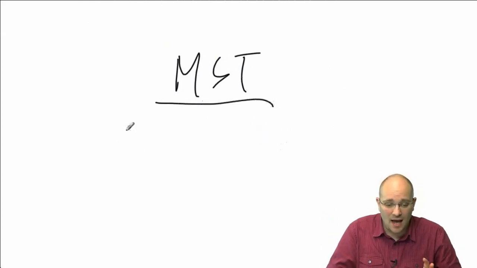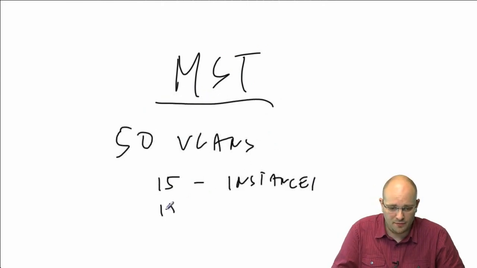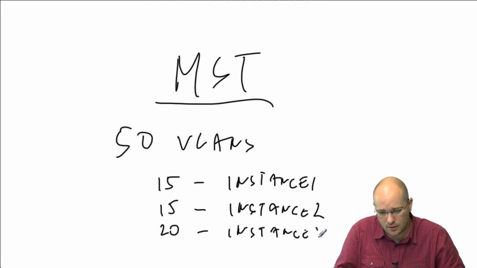With MST, out of these 50 VLANs, we could map, let's say, 15 to instance 1. We could map 15 to instance 2. And we could map 20 to instance 3.